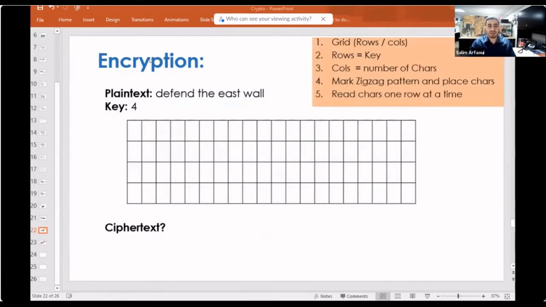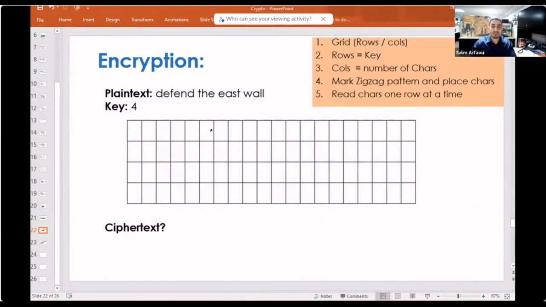So the idea for encryption, let's say we want to encrypt this plain text, "defend the east wall," and we chose a key of 4, just to keep it simple for our example. Our goal is to create a ciphertext. We're going to follow this algorithm. You need to create a grid, with dimensions columns by rows.